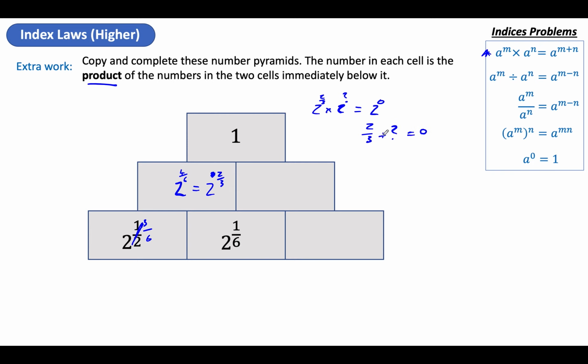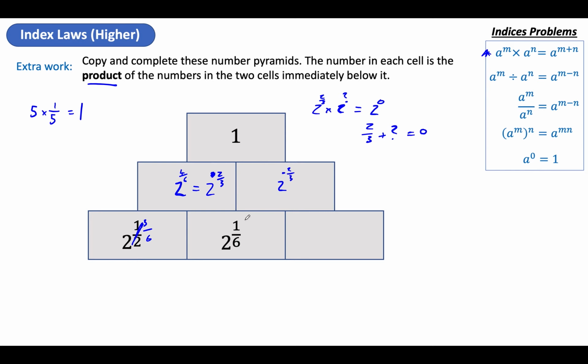Well, that's going to be minus 2/3, right? You just take it away. Negative 2/3. The other way to think about this is that if you've got anything, let's say 5, if I times it by its reciprocal, 5 times by 1/5, that's 1, okay? So this is the reciprocal of this. Remember, the negative power is the reciprocal, isn't it? We haven't got that one written up there, but it's the same power, but just the minus.